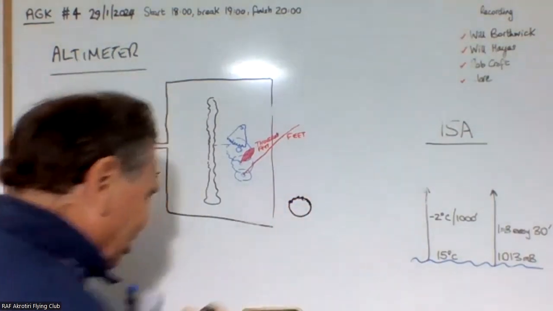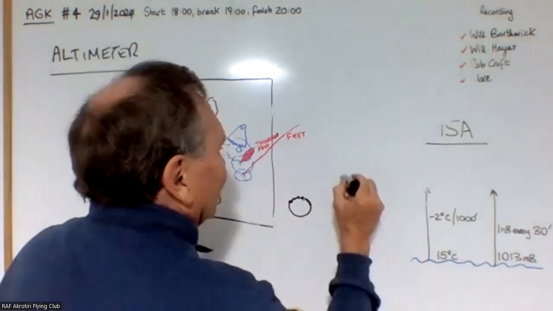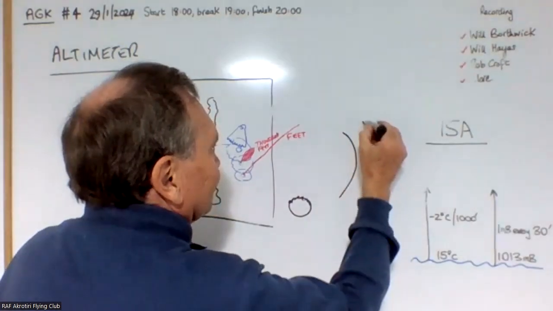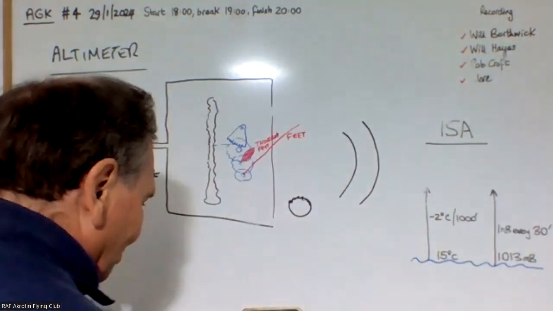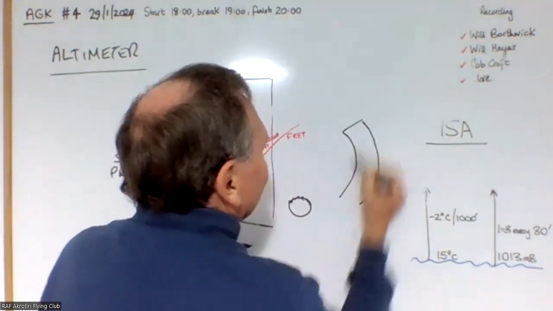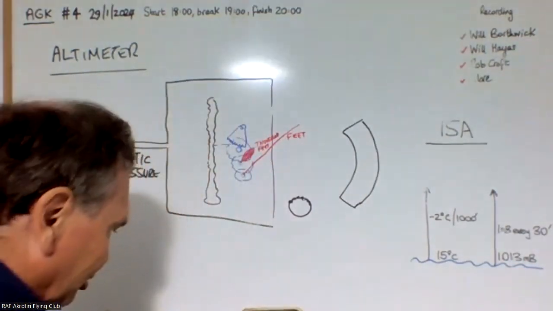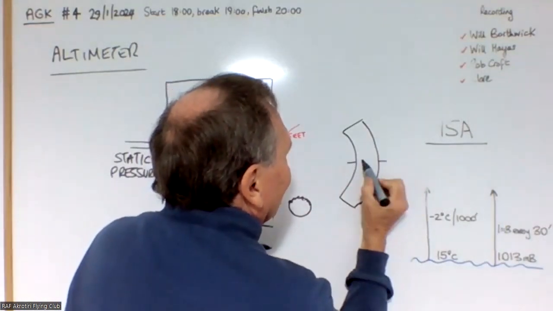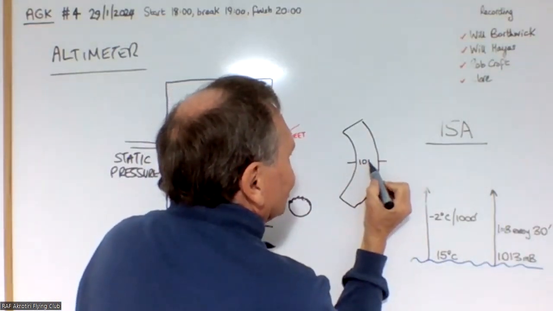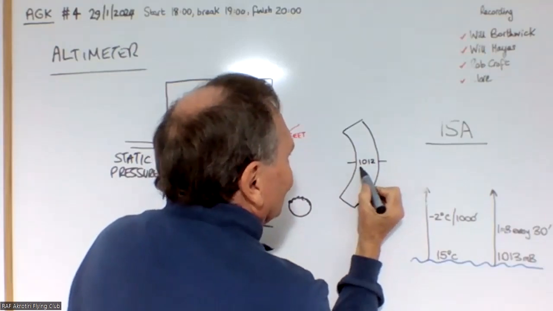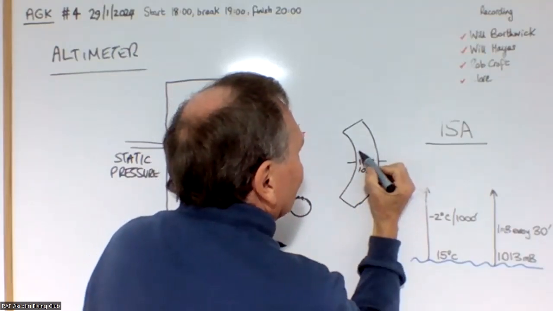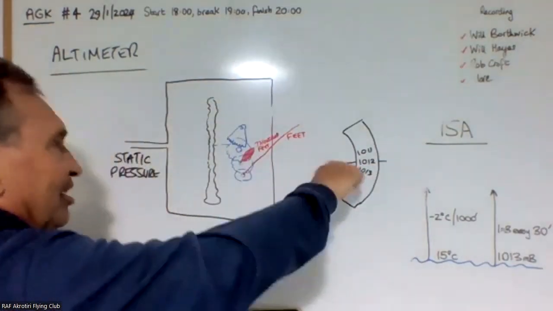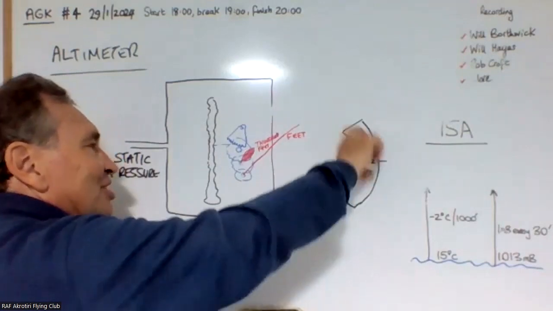It's got a subscale showing you a pressure, and in this window you can probably set something like 1012, or 1013, or 1011, and you can move a value underneath this subscale.